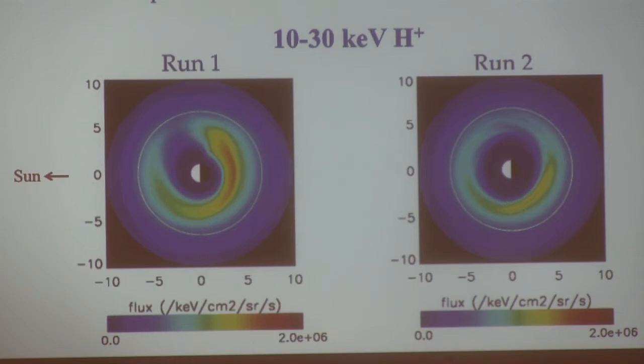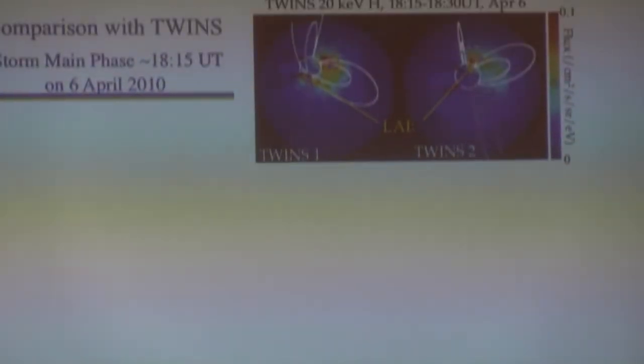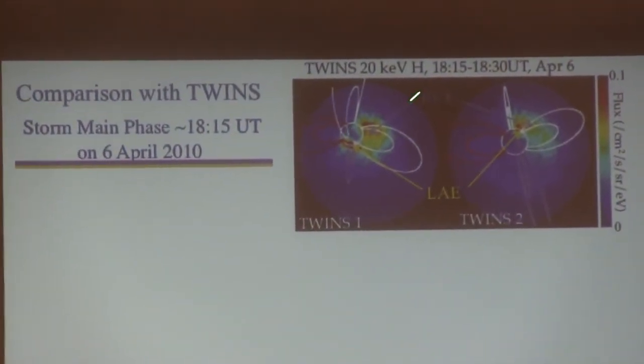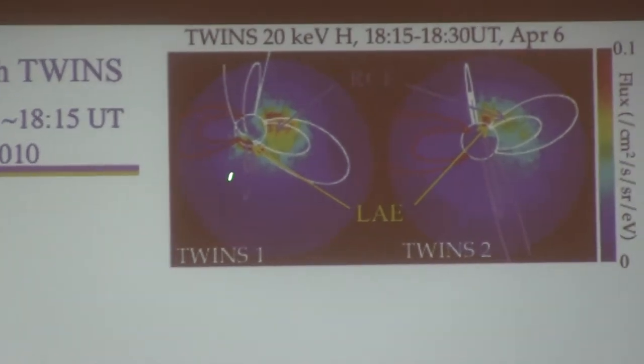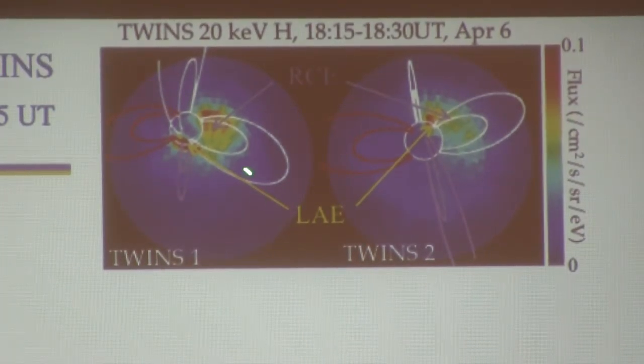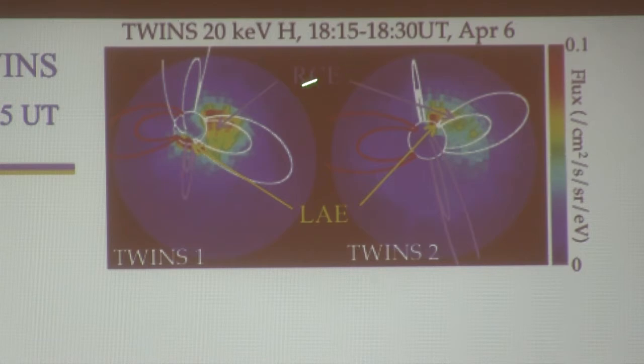And in this storm, we have very nice TWINS ENA data. This is the ENA emission from TWINS 1 and from TWINS 2. You see the low altitude emission here, and I hope you can see it. This is the ring current emission, the ENA emission from the ring current.